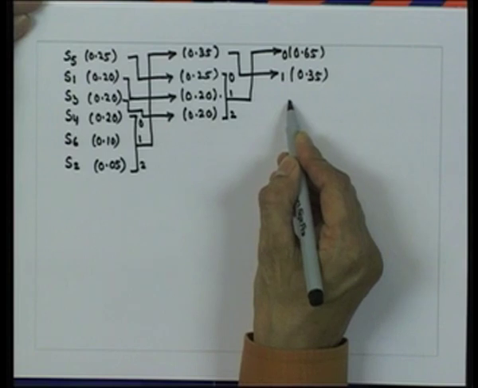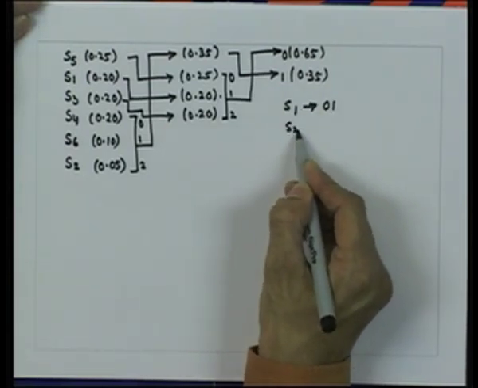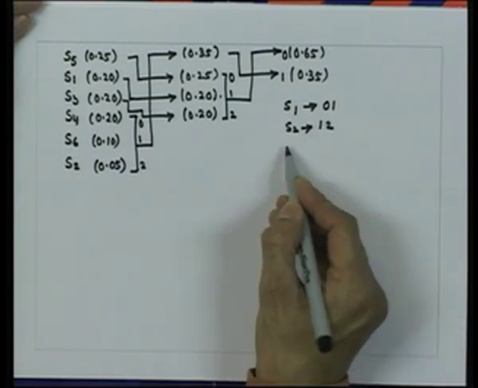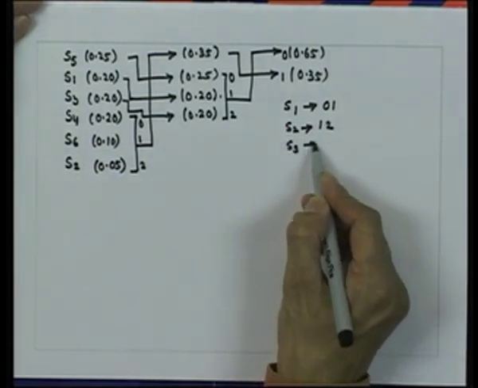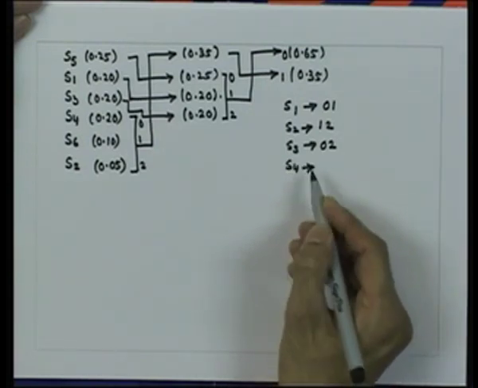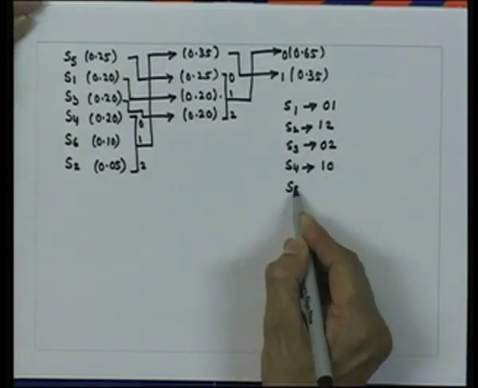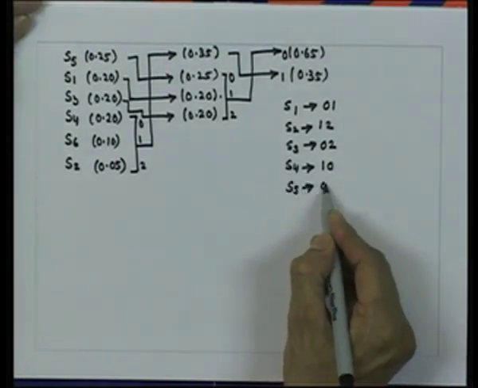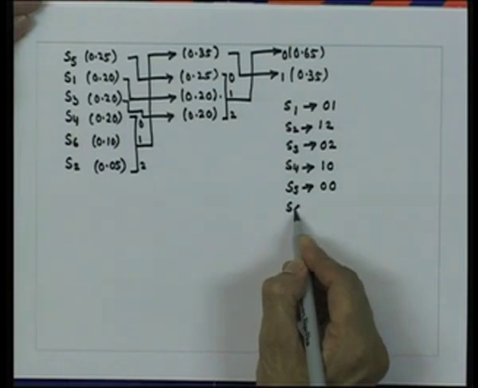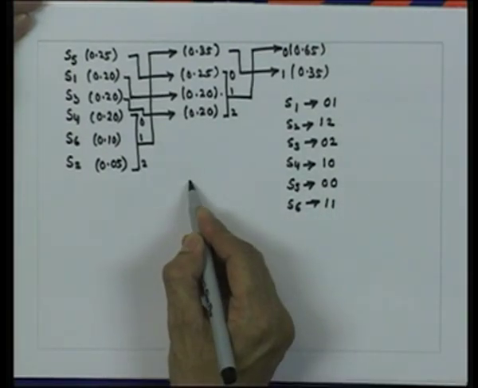For each symbol, we will get the code word as S1, S2 as 1, 2, S3 as 0, 2, S4 as 1, 0, S5 as 0, 0 and S6 as 1, 1.